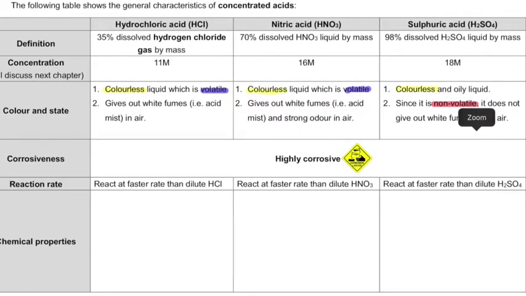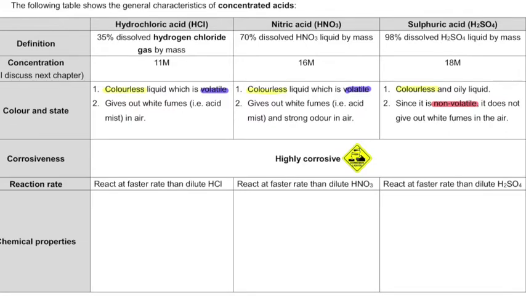How do we get hydrochloric acid? We dissolve hydrogen chloride gas into water to form hydrochloric acid. Remember, water must be present in order for it to show the acidic property.